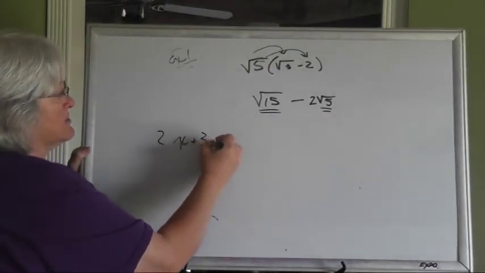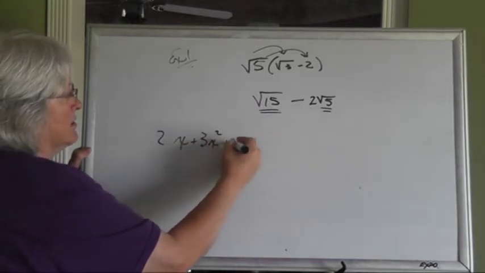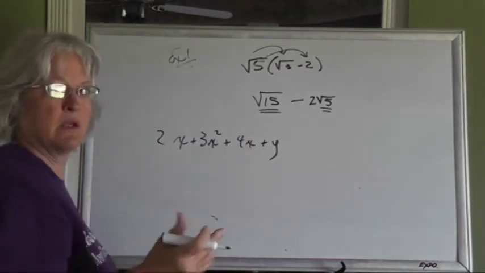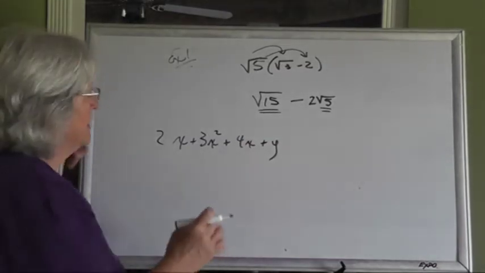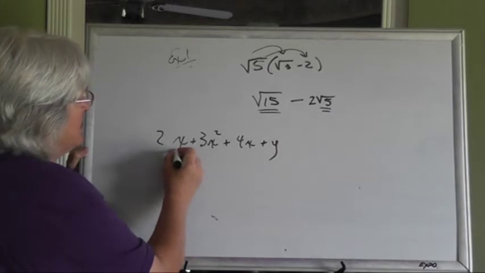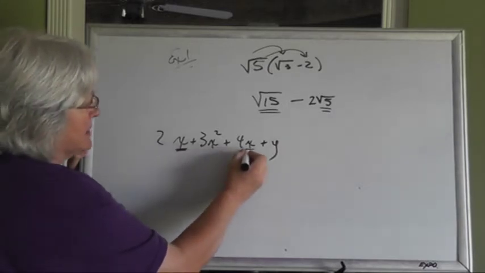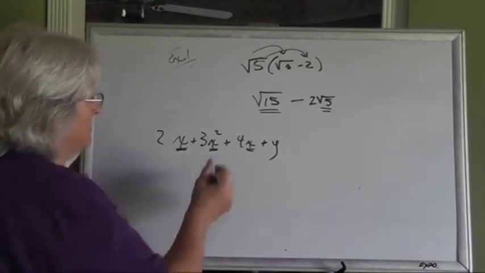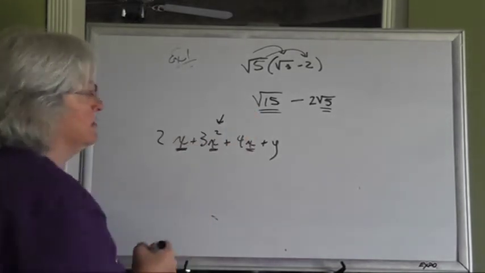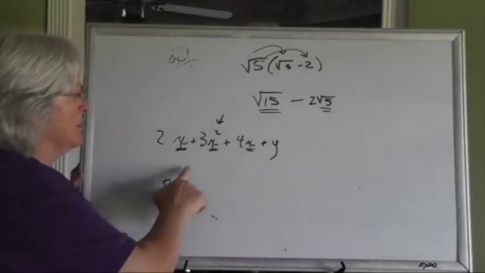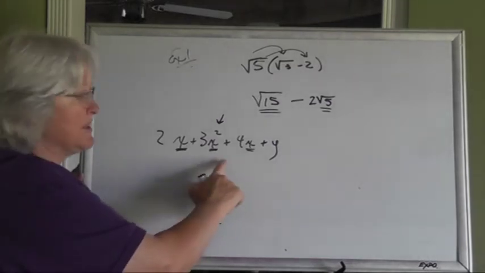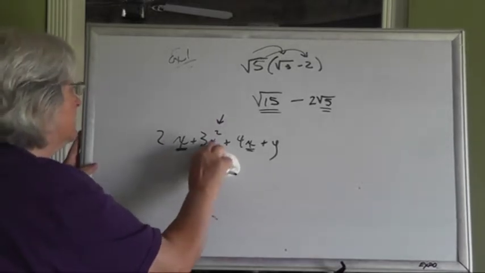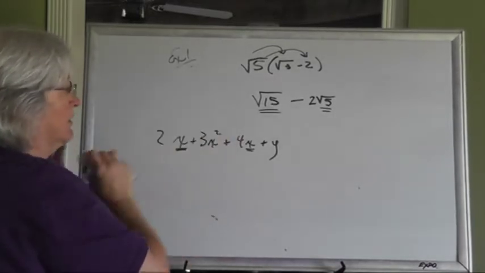2x plus 3x squared plus 4x plus y. When you're determining like algebraic expressions, the variable has to be the same. Not only does the variable have to be the same, but the exponent right here also has to be the same. So even though we have 3 terms that have x's here, this center term is not a like term because it's a 3x squared.